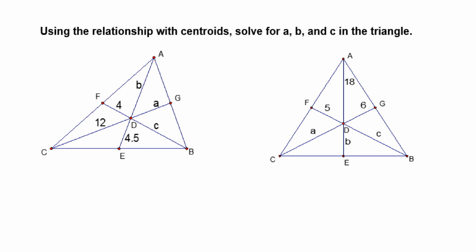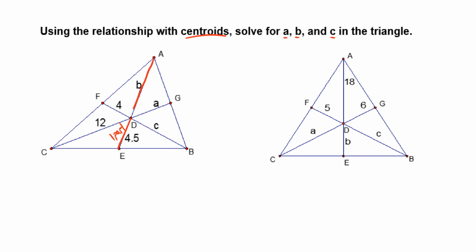Okay, so welcome back. Let's take a look at these parts and see how we can solve for these missing letters. It says use the relationship with centroids to solve for A, B, and C in the triangle. So if we look at this first one, the property of centroid says that this piece is going to be one part. So I'm solving for B here in the first one.